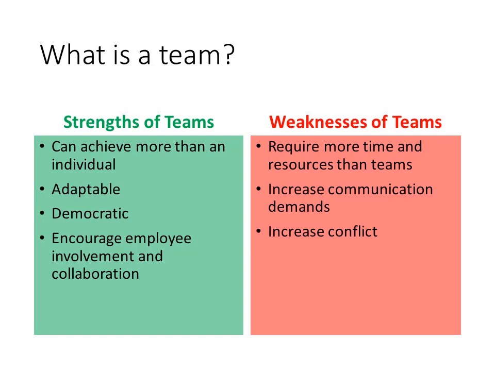They tend to be democratic in that every group member has a say in what the group does, how the group does it, the group's goals, and so there tends to be a high level of employee involvement and collaboration in teams versus groups. The weaknesses of teams.